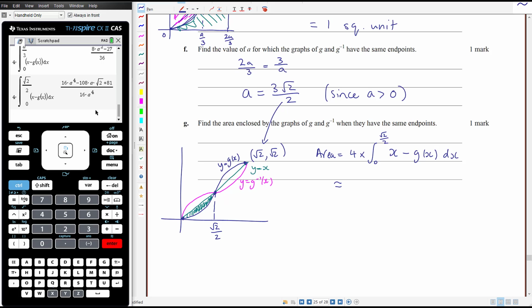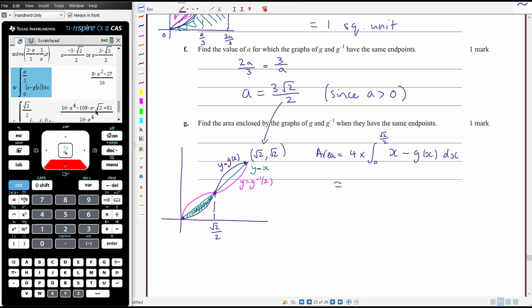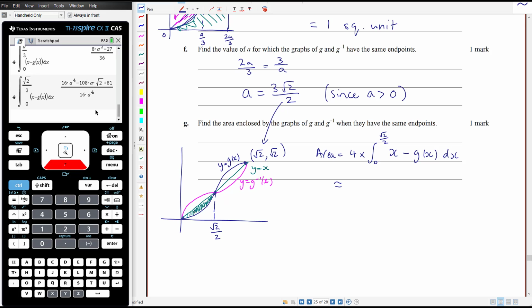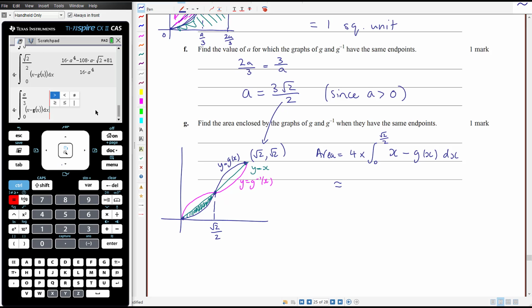Oh, I need to define g(x). I forgot my, let's just go back and do this.